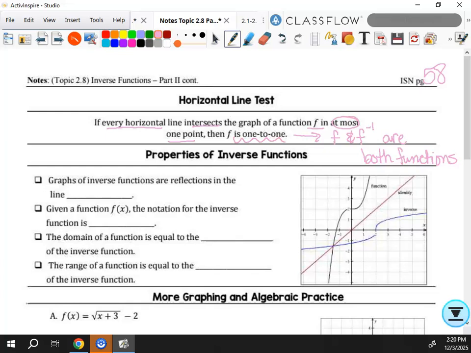Some of this is a little repetitive, but sometimes we need to hear things over and over again. Graphs of inverse functions are reflections in what line? Y equals x, the parent function. Given a function f of x, the notation is f inverse of x.